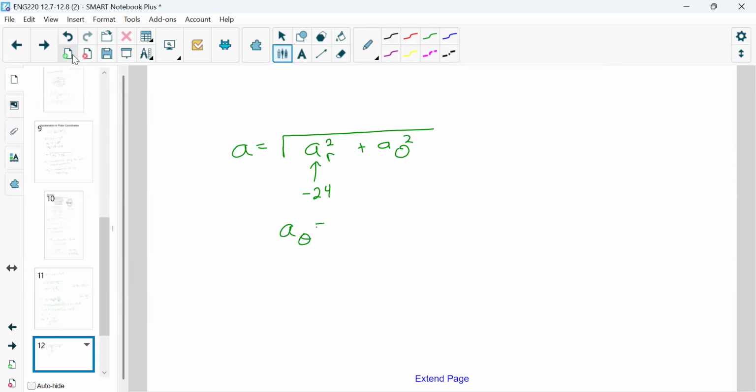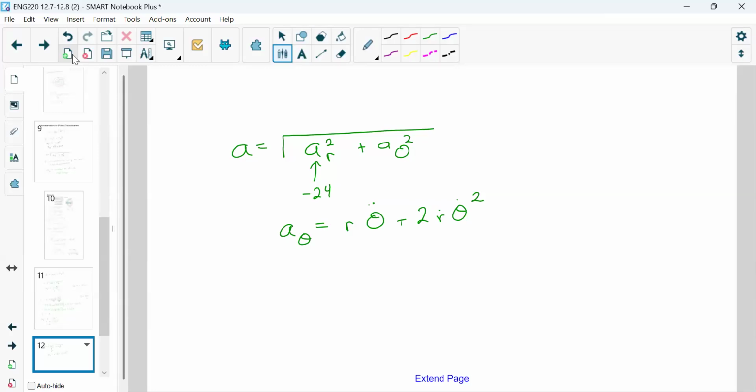Now we need to figure out our a sub theta, and a sub theta is r theta double dot plus 2 r dot theta dot. So this is a double dot, right? So Lorenzo, we're gonna be able to solve for this one.